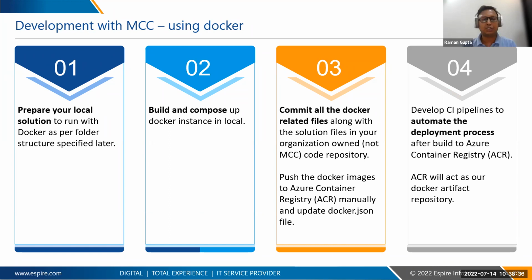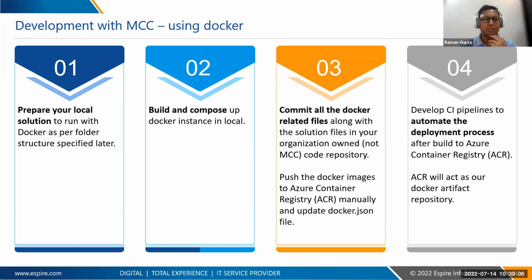So the first step is always to prepare the solution and related files in local. Here you can see we have the SRC folder. I'll show the complete Docker folder structure in later slides, but mainly we have the SRC folder, which has all the source code related files, and then we have all these Docker related files. So we have to first of all set up this Docker folder structure.